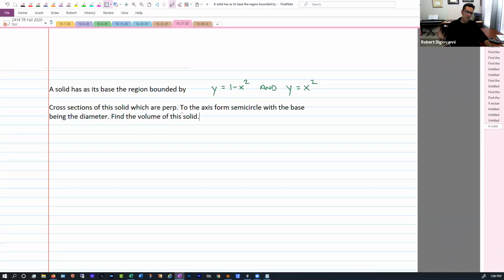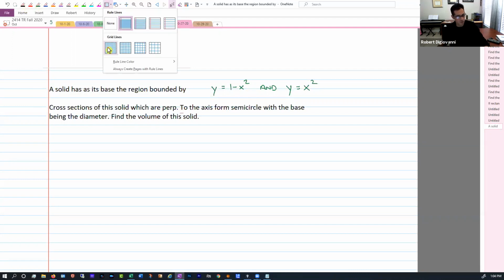A lot of this is just going to be trying to interpret what this is all saying. So let's start out by just drawing the region. We have some solid, right? The base of that solid, where it touches the ground, is the region bounded by these two curves. So we're going to draw those two curves first.